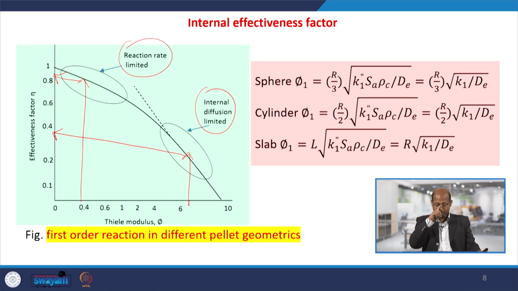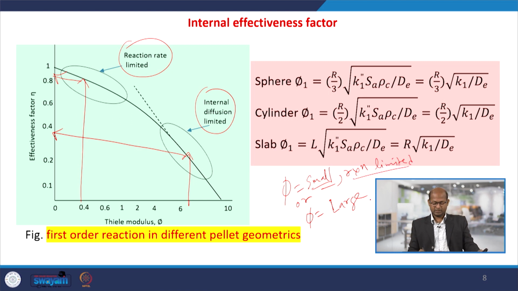So, depending upon whether the Thiele modulus value is small or large: if it is small, then the reaction rate controls the reaction. If the Thiele modulus value is large, then internal diffusion limits the rate of the reaction. Okay. So, depending upon the value of the Thiele modulus, we can say whether the rate is limited by reaction or diffusion.